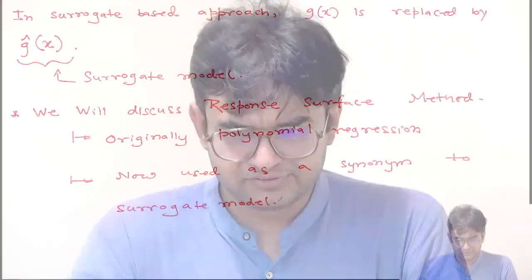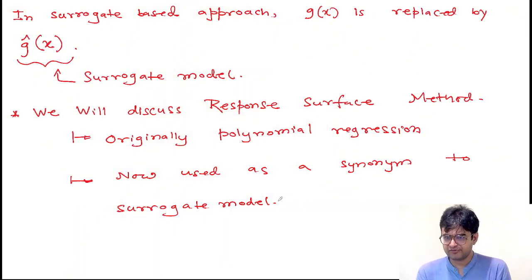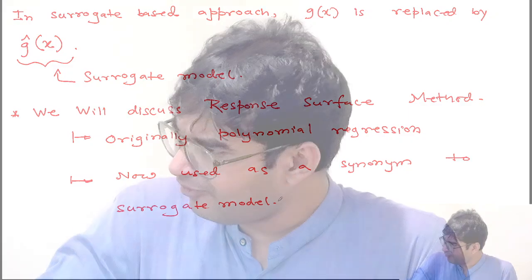Okay. So this distinction I wanted to make, because you will read papers and you might get confused, because in papers it is often, nowadays at least, the second one, although even that is stopping now. But for this course we are going by the original definition, how it was proposed. Okay. So fundamentally we are going to talk about response surface method, which means we are going to talk about polynomial regression. That's all.